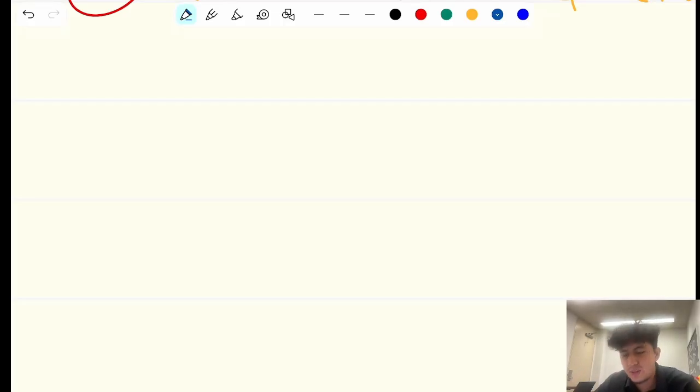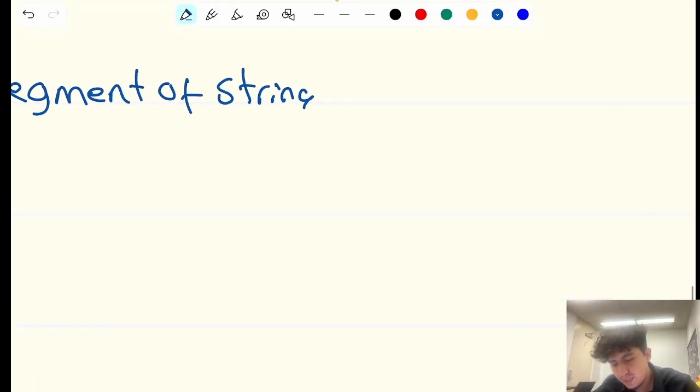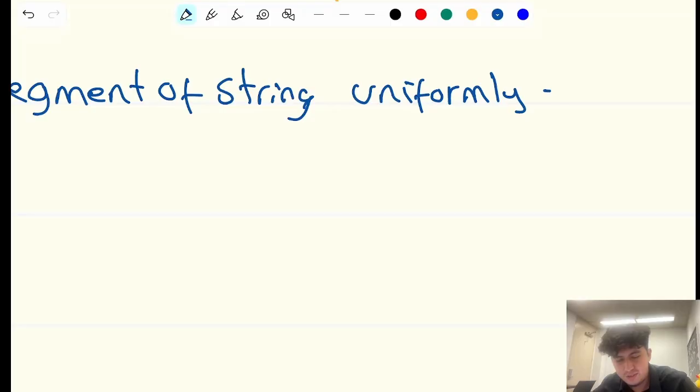But we can also parameterize by choosing that each sigma segment of string has an equal amount of energy. So it's basically having the energy be distributed uniformly along the string. I don't know if this makes sense, but I'm going to write the expression mathematically, and that is going to make sense, I hope.